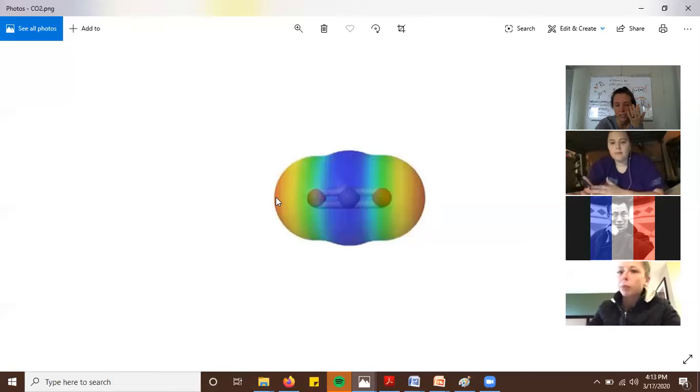If this were one pole of the earth, it wouldn't be a pole, because they would both be the same. This is a partially negative side, also partially negative. It'd be like if the earth didn't have poles, if they were both north or both south.